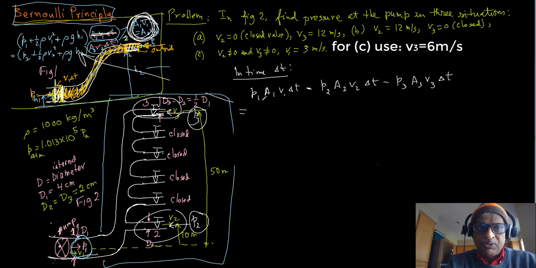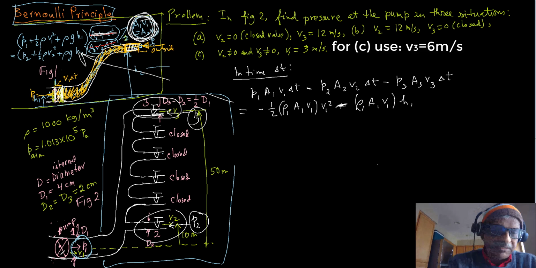So it's going to be minus half rho 1 A1 V1, this is the mass, V1 square, minus rho 1 A1 V1 H1. This H1 happens to be 0, and this H2 is 10, and this H3 is that.